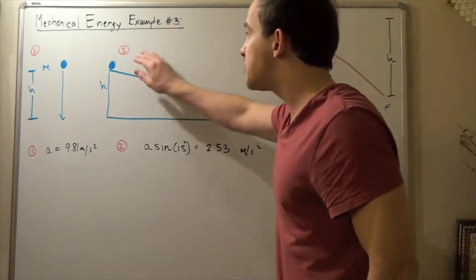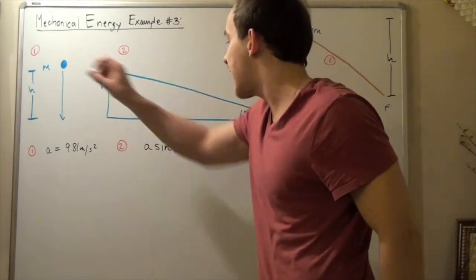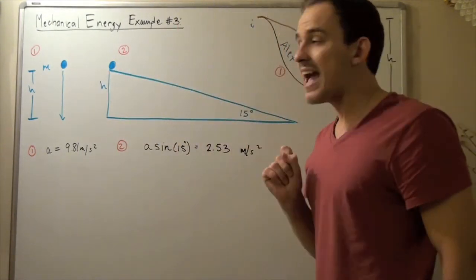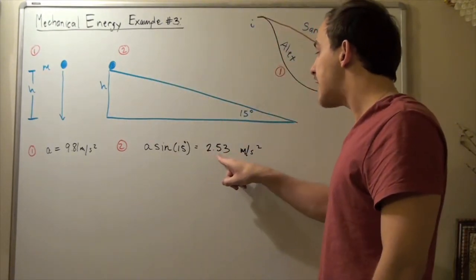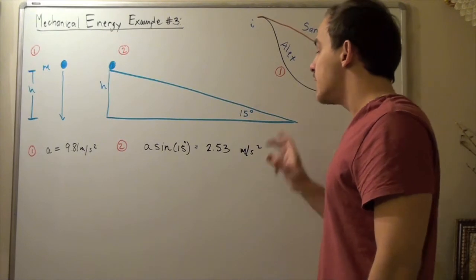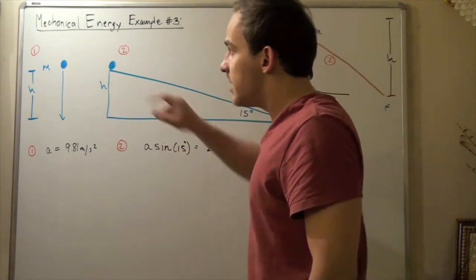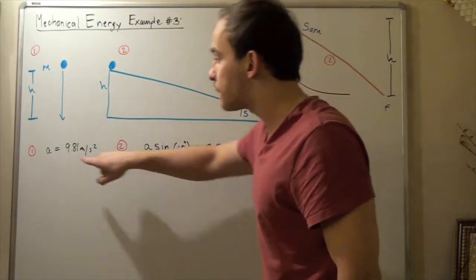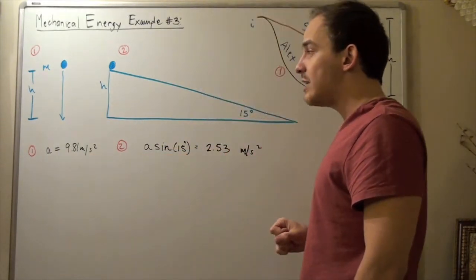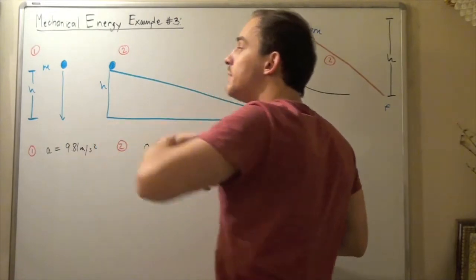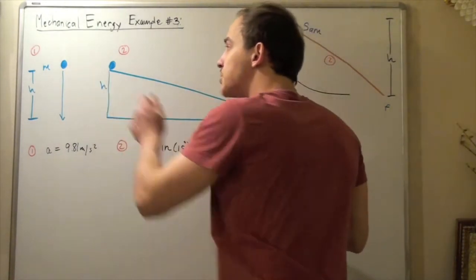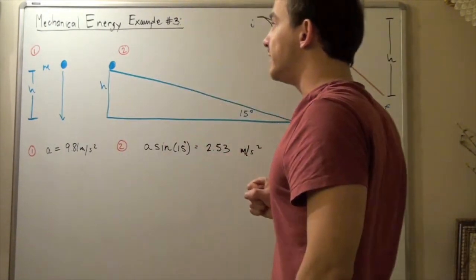So, for object number 2 that has the same exact mass, after 1 second, its velocity is only 2.53 meters per second. Versus in the first example, the velocity after the first second is 9.81 meters per second. That means this distance h will be traveled quicker by object number 1 than object number 2.